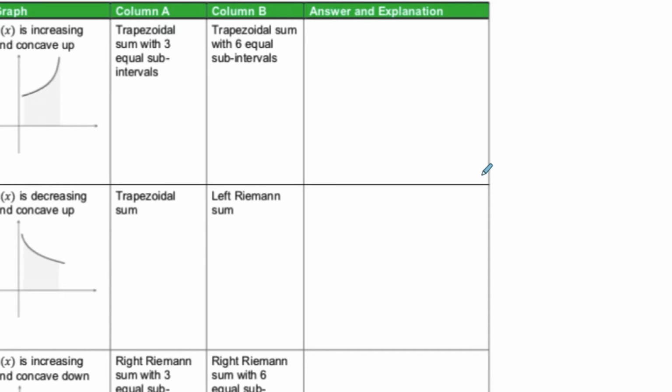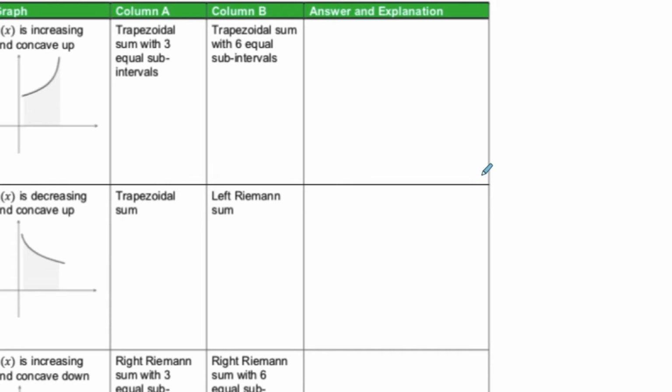All right, let's keep going with this table here. If you want to, you can draw all of the rectangles, trapezoids, whatever in there, but I'm basically just going to be talking about what they would be. You can draw them in as you go. First of all, we have to identify whether this is an over or an underestimate.